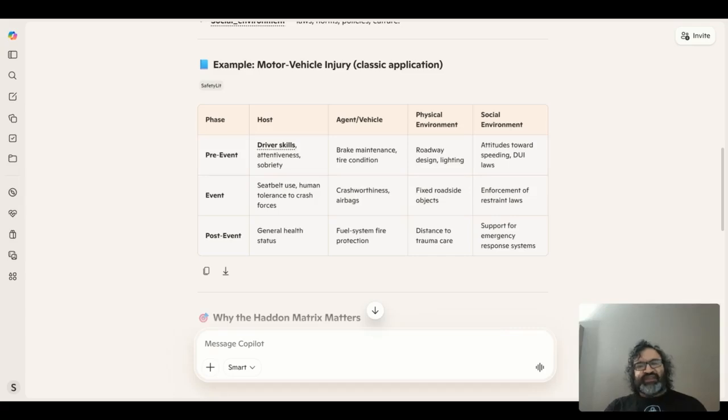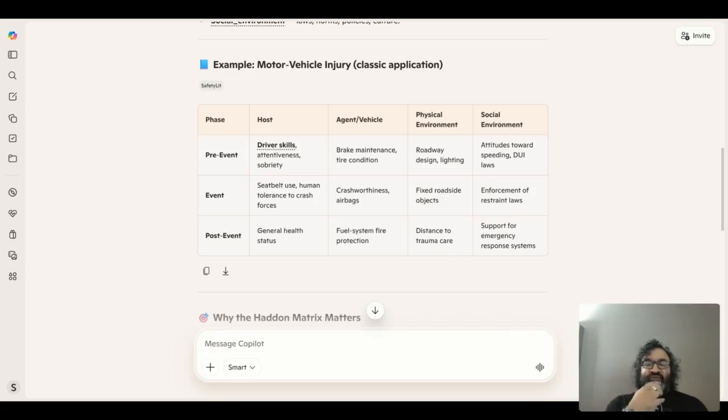You can use this for individual level or a group level. So there's pre-event, and what's the event? For host, the event is tolerance to injury and protective behaviors. Agent is crashworthiness and energy transfer, and environment is presence of hazards.